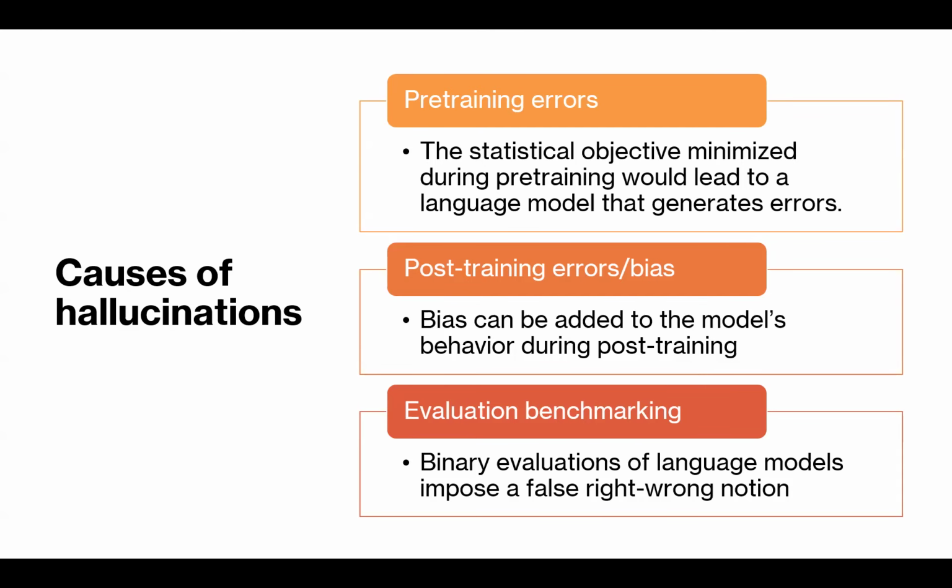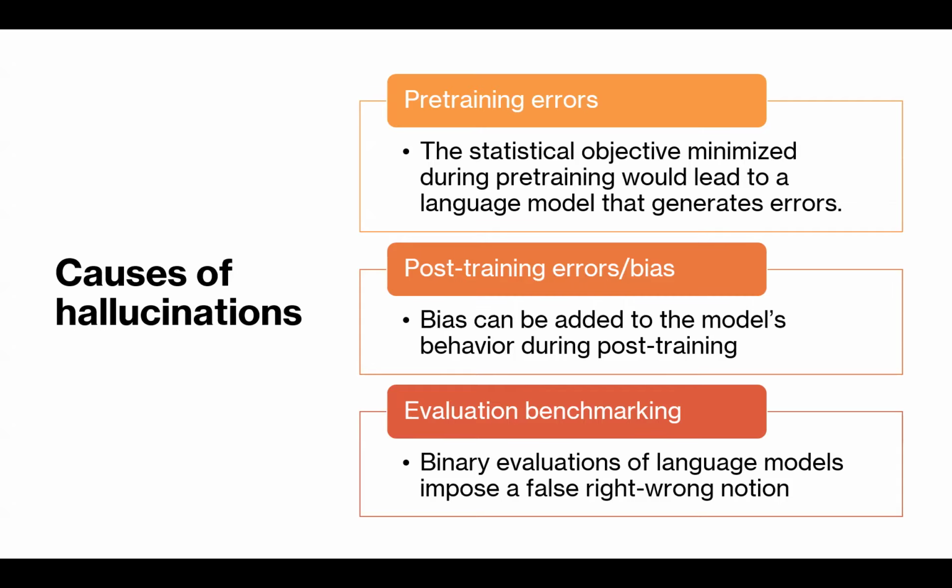The problem is that it has been observed that sometimes they enhance the hallucination and make it more of a behavioral aspect of the language model. Why that happens is discussed later in this presentation.